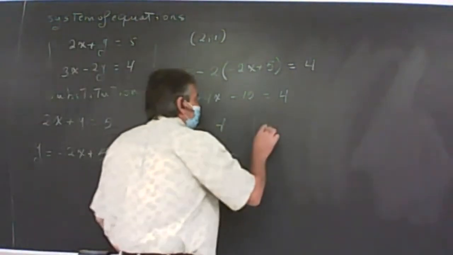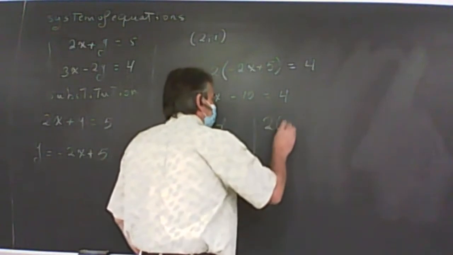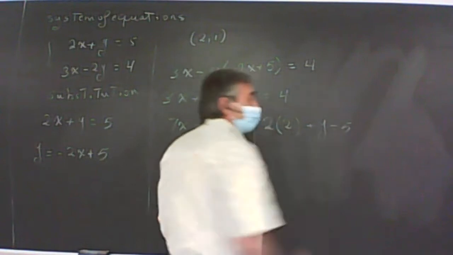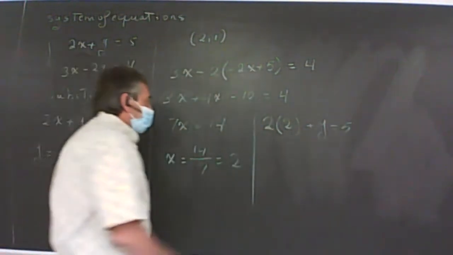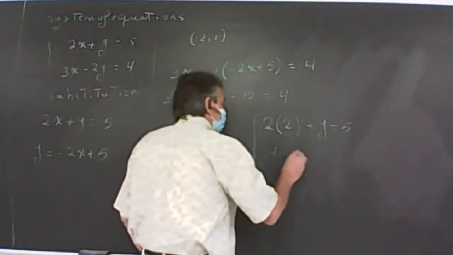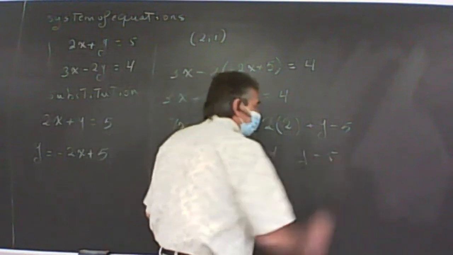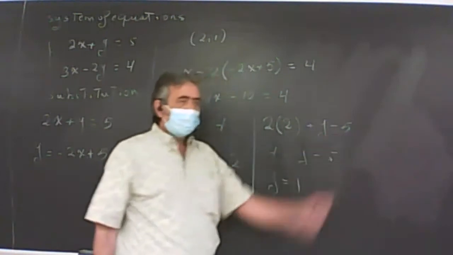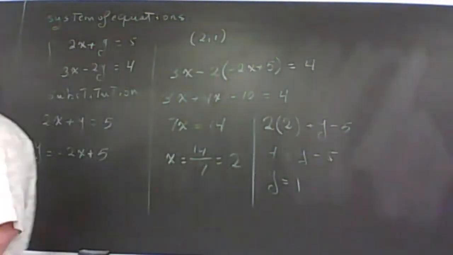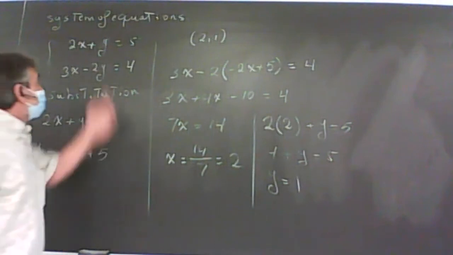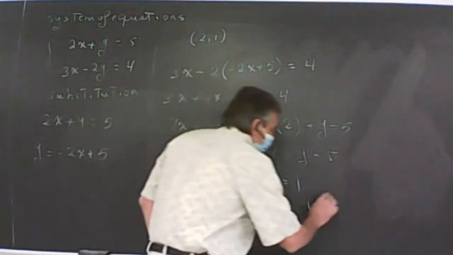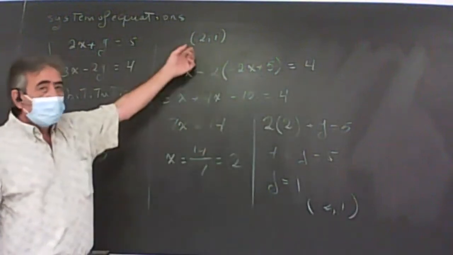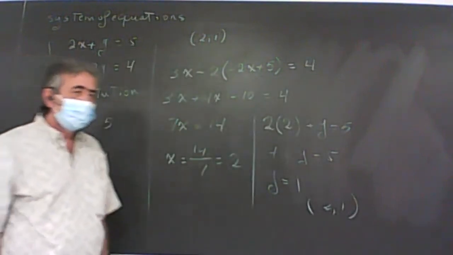So now we have 2 times 2 plus y equal 5. So 4 plus y equal 5. So we can say y equal 1 by taking the 4 to the other side. And we can see that the solution to this system is the point (2, 1), and that's exactly what we checked at the beginning.